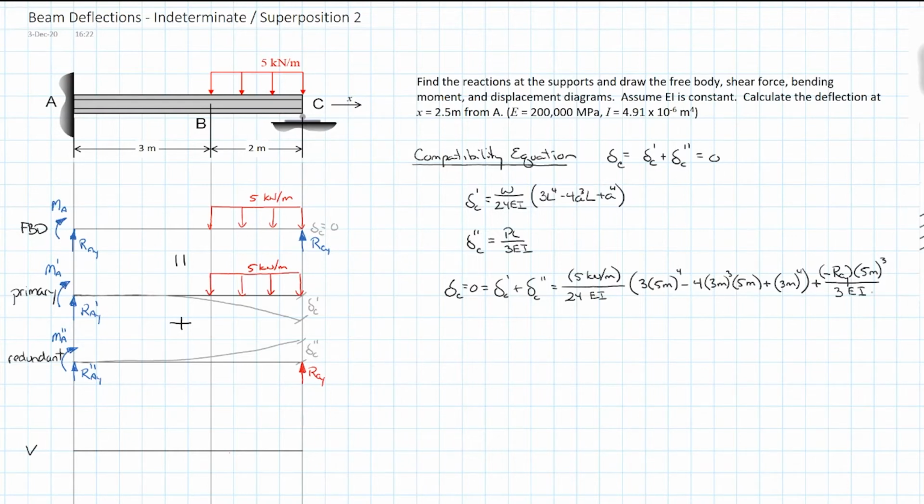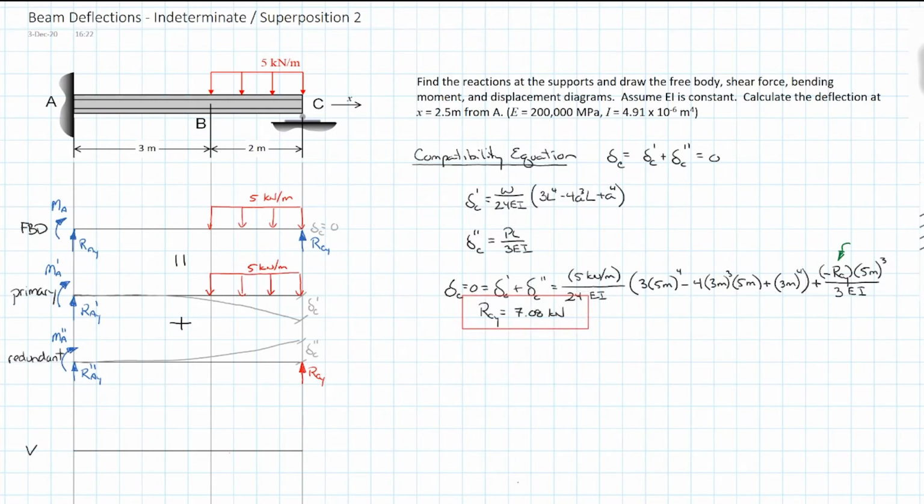And if you look in this, you will see that the only unknown is RCY. And we're able to solve for RCY. Say RCY is equal to 7.08 kilonewtons. And I'm just going to highlight that as one of our answers.